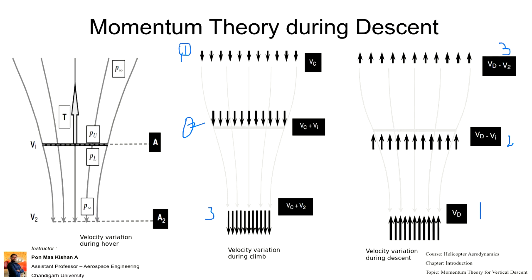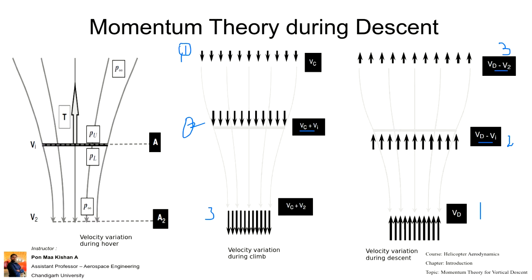VD indicates the descent velocity, whereas VC indicates the climb velocity. When it is getting induced with the rotor, here we have the negative term VD minus VI, whereas for climb we will be adding the climb velocity. Here we are using the negative sign. I will explain why we are using the negative sign so that you can easily understand what is happening.